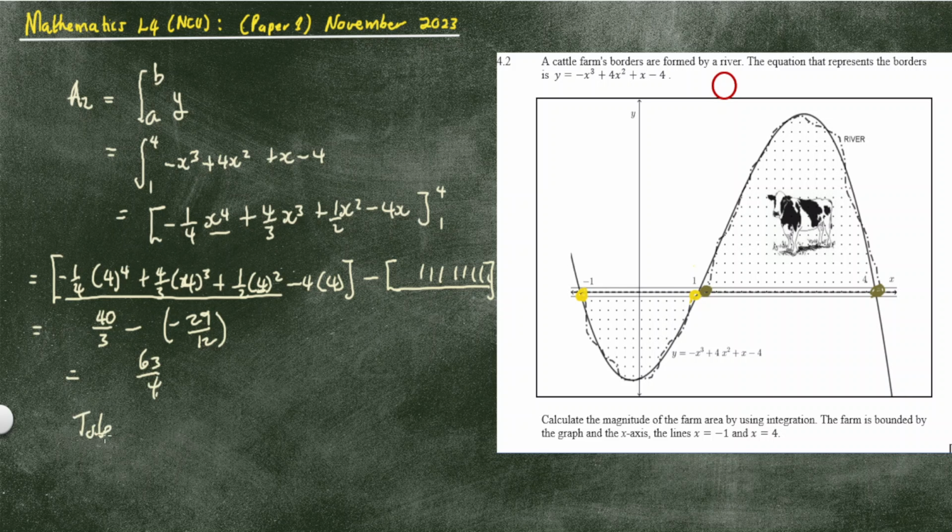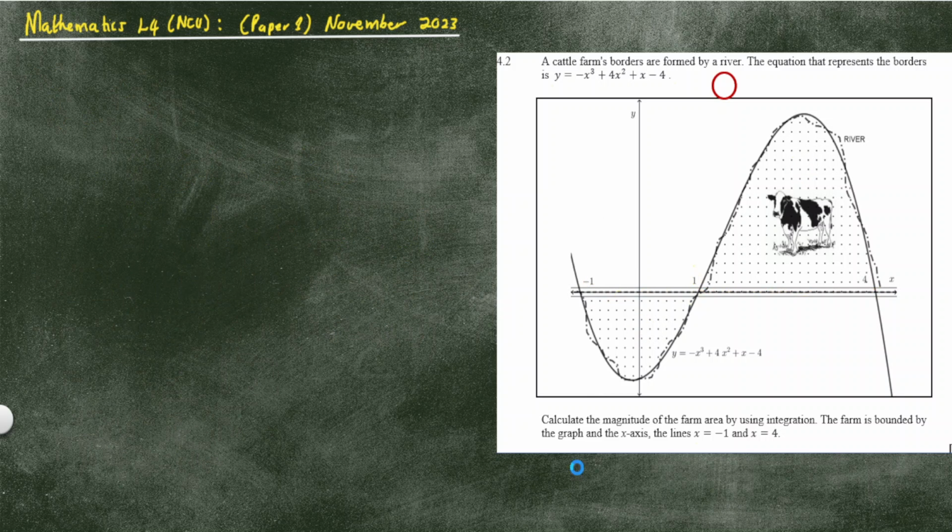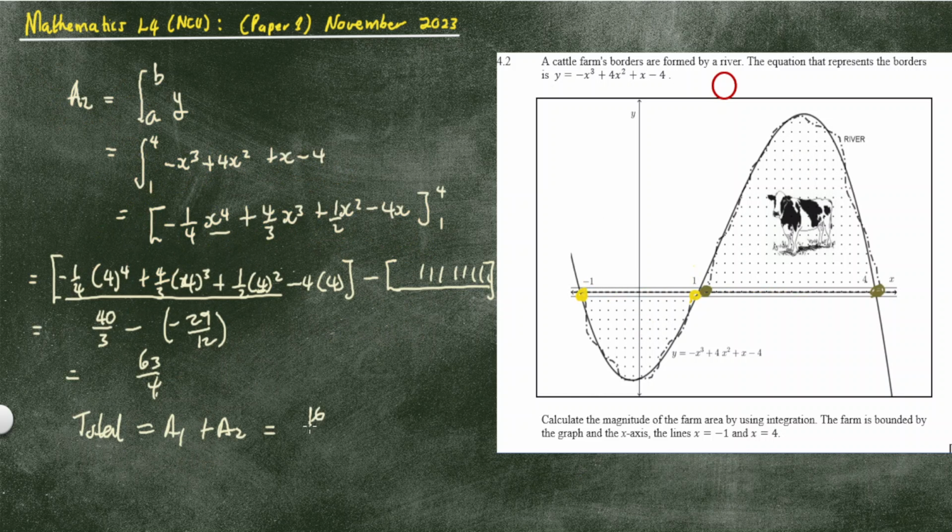So total area is equal to area 1 plus area 2. Let me do a recap. Area 1 we calculated to be 16/3, plus 63/4.